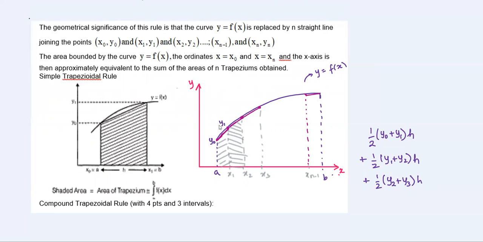Sometimes this trapezoidal rule is combined for 4 points and 3 intervals, that means 3 trapeziums combined. Those things we will not follow. We simply use this trapezoidal rule.